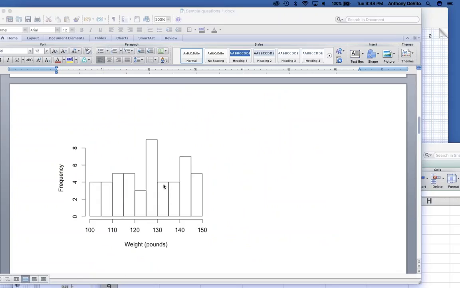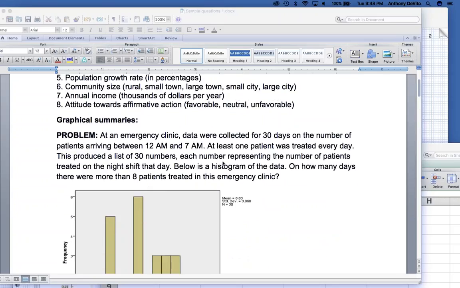Okay, let me look at this one. It's a little bit simpler, I guess. Well, let's see what this says. Emergency clinic, 30 days, patients arriving between 12 and 7, at least one patient was treated every day.